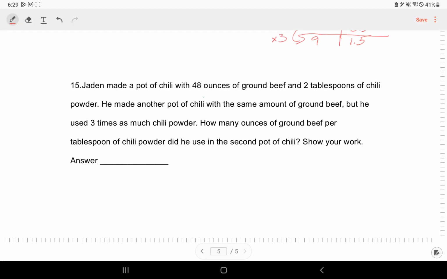Jada made a pot of chili with 48 ounces of beef and 2 tablespoons of chili powder. He made another pot of chili with the same amount of ground beef, but he used 3 times the amount of chili powder. And so, how many ounces of ground beef per tablespoon of chili powder did he use in the second pot of chili? So, beef and powder.